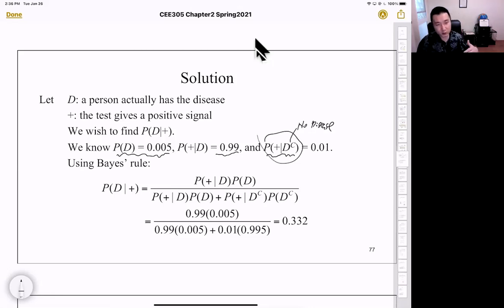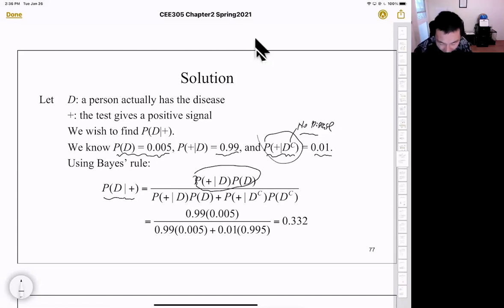So using the Bayes rule or the Venn diagram I just showed, P(D|+) is equal to P(+|D) times P(D), the person has a disease.